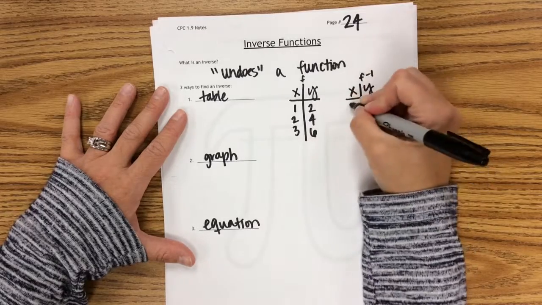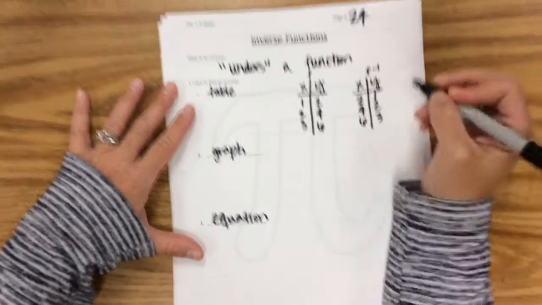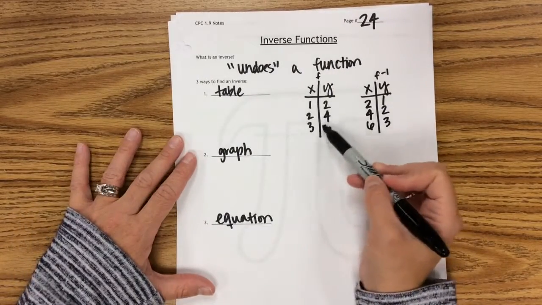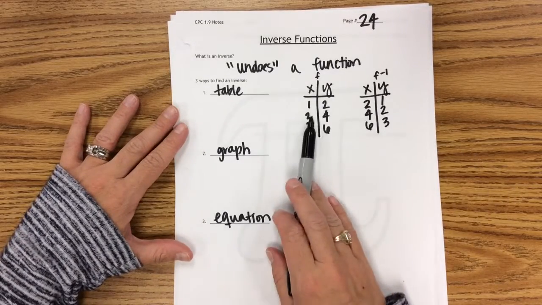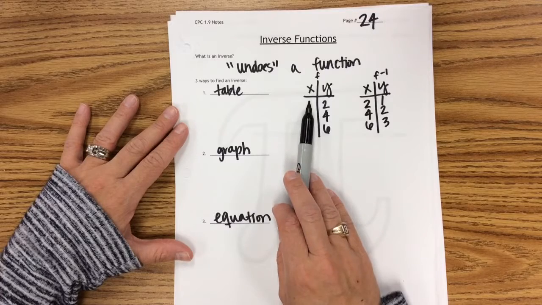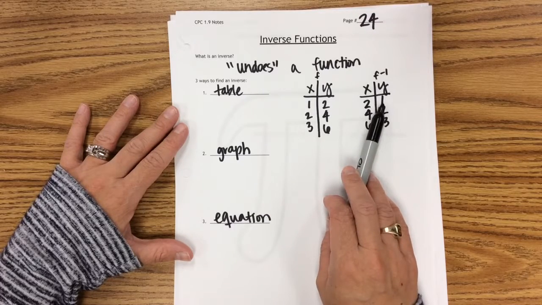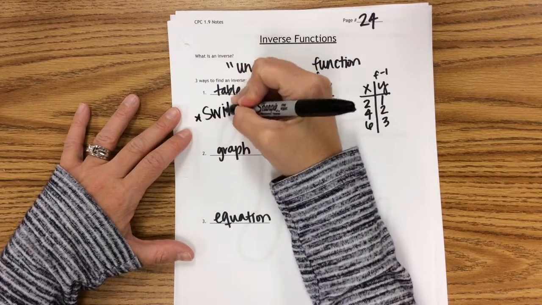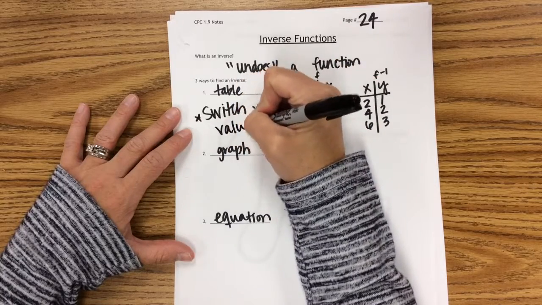So if the y's now are the x's, and the x's are now the y's, you can see that instead of doubling, when you move across, they cut them in half. So it's going to undo whatever went on from going from x to y. So for here, you would just say switch x and y values.